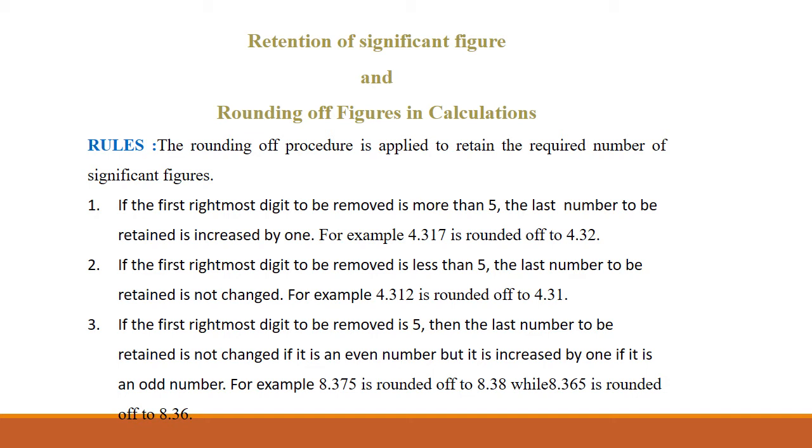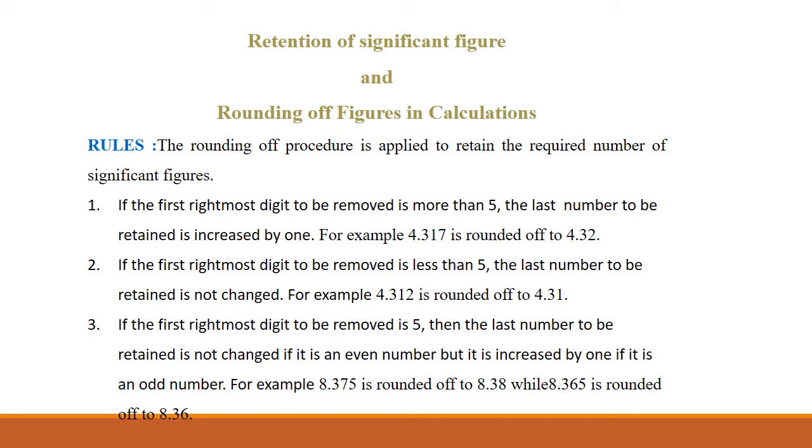Retention of significant figures and rounding of figures. Sometimes we have very big values in the calculations and we have to calculate them very clearly. So we have to remember rule number 1. If the first rightmost digit to be removed is more than 5, the last number to be retained is increased by 1. For example, 4.317, and we have to change the result into only 3 significant figures.